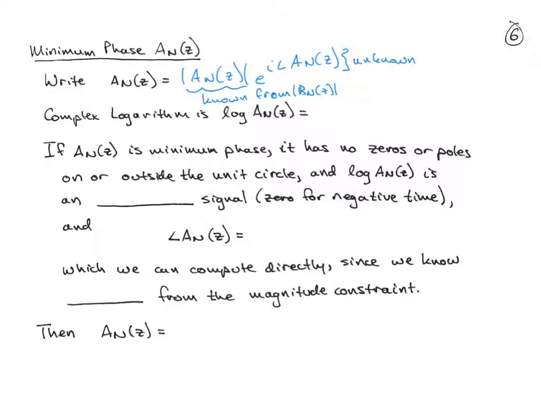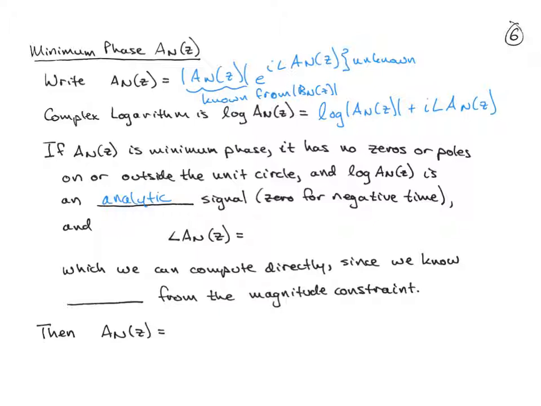We'll take the complex logarithm of a sub n of z, which gives us the log magnitude of a sub n of z plus i times the angle of a sub n of z. Now, if a sub n of z is a minimum phase filter, it has no poles or zeros on or outside the unit circle. They're all inside. And log a sub n of z is what's called an analytic signal.